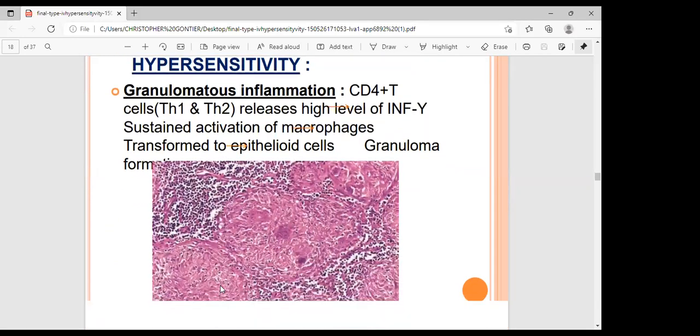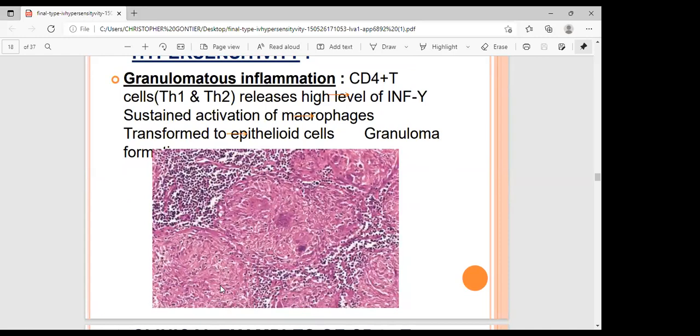But we have to have an active, a very aggressive response. So we tend to get what are termed granulomas. That is one of them, that's another, that's another.